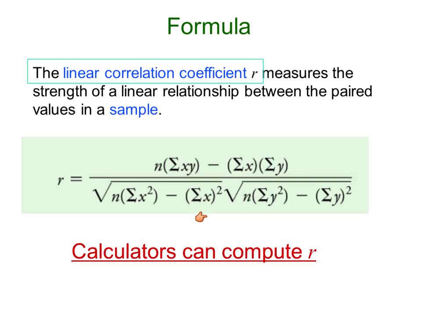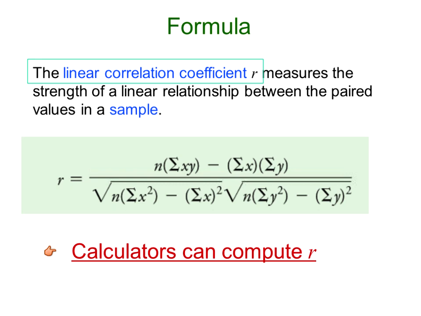And it's a tedious calculation. If you want to just do it once, just so you know how to calculate the value of R. But I'm going to have you use your calculator to compute R. I'm not going to ask you to compute it using the formula. But that is how we calculate the linear correlation coefficient, which is measuring the strength of your linear relationship between your two variables.